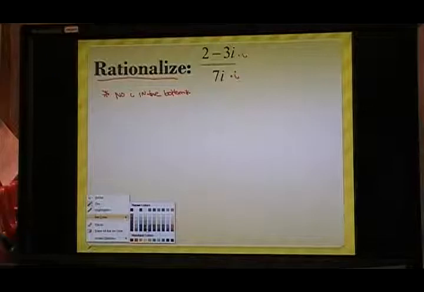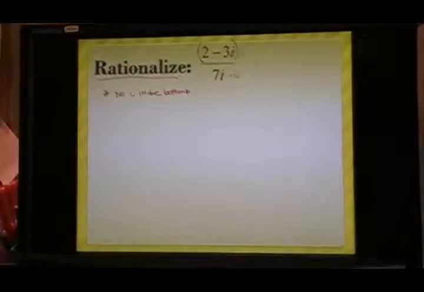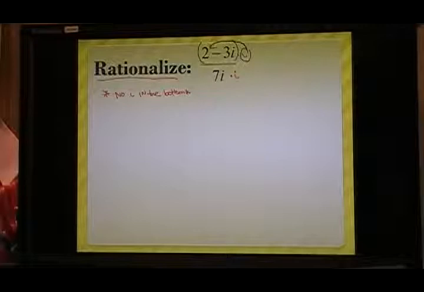Okay? When you do that multiplication in the top, you are multiplying by the entire numerator, not just the last term. So that i has to be distributed through that entire numerator.